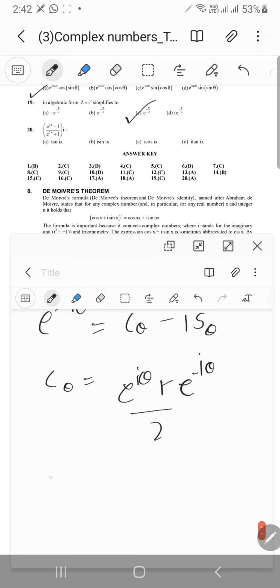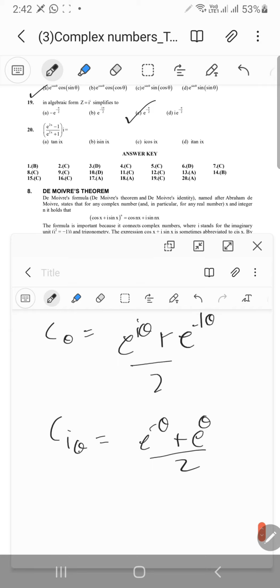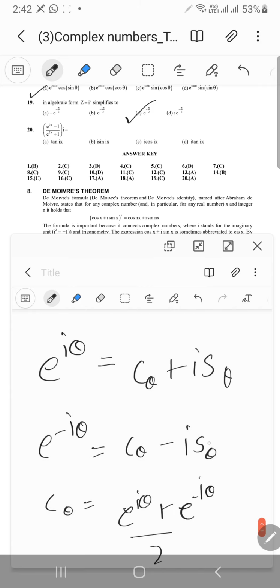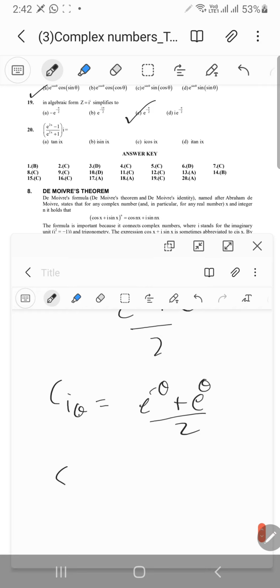So when you put cosine of i theta, that's going to be e power minus theta plus e power theta upon 2. This is like the well-known cosh function, but that's not really important over here. Similarly, you can subtract them, take half and divide by i as well. So sine theta is just e power i theta minus e power minus i theta upon 2i.